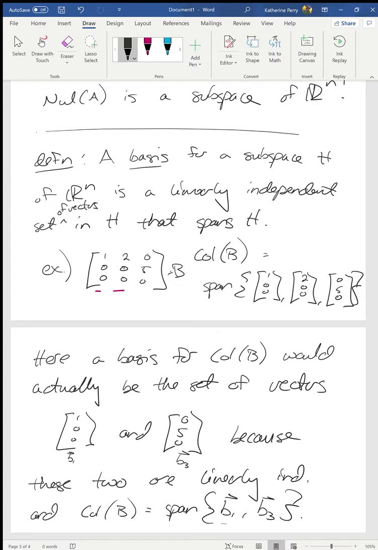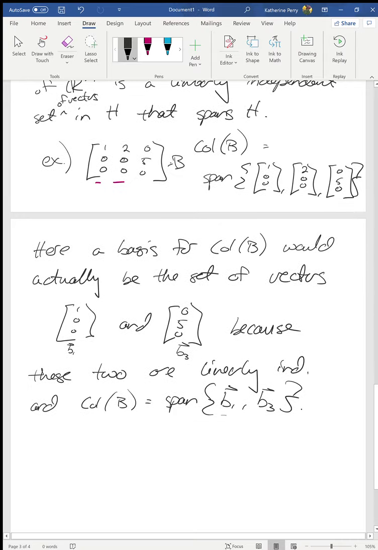So it turns out that the column space can actually be represented by both sets, and since this is smaller and these two are linearly independent, then these two form the basis, whereas the three above do not.